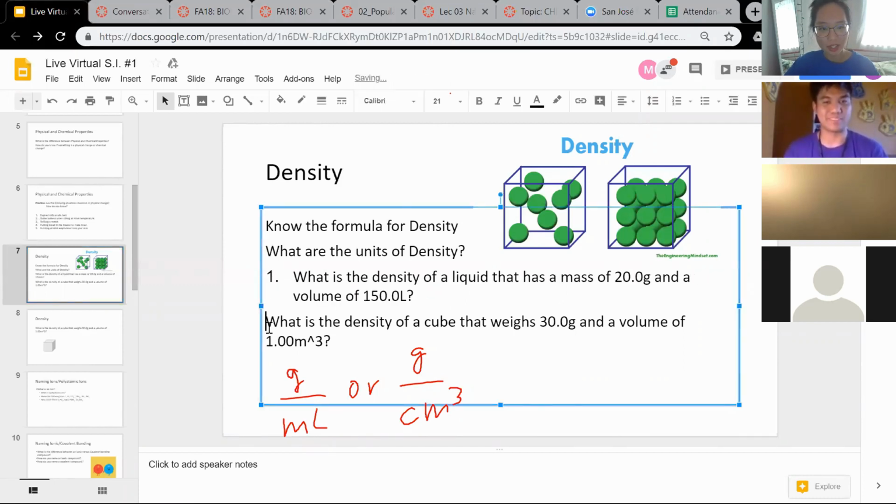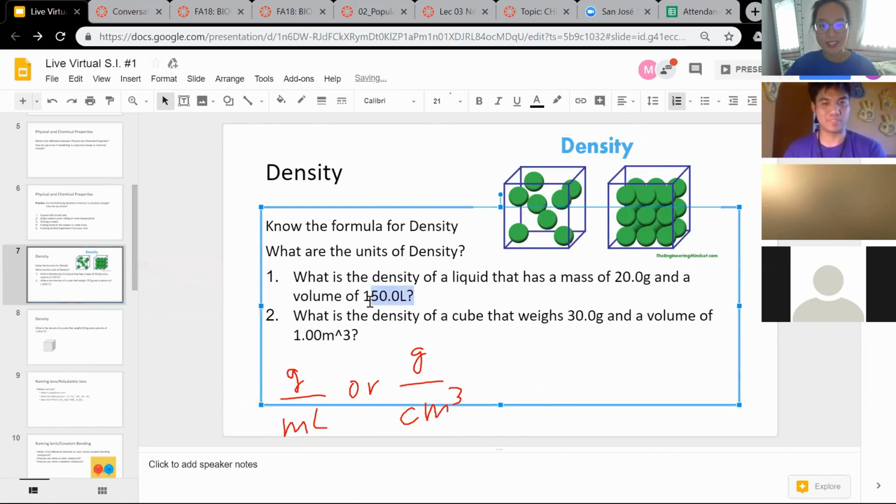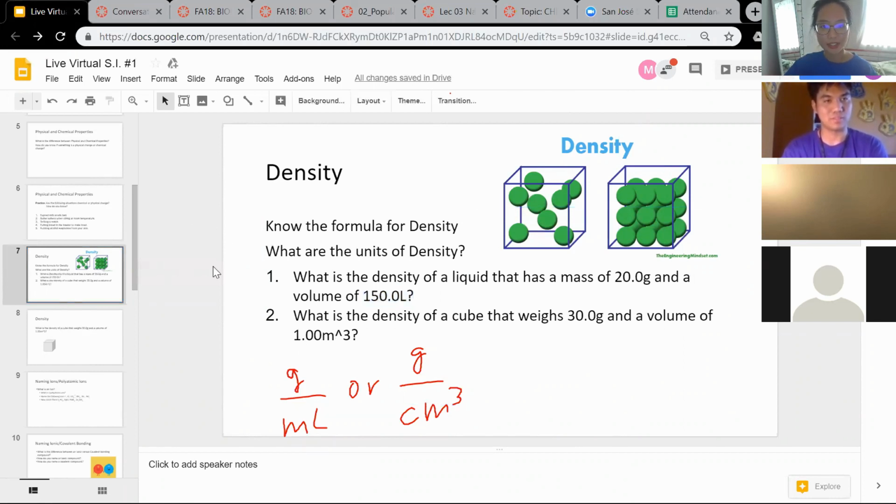You can't just do 20 grams divided by 150 liters because the units will not match up. So you're gonna have to do something, and if you know what to do, please share with us in the chat.